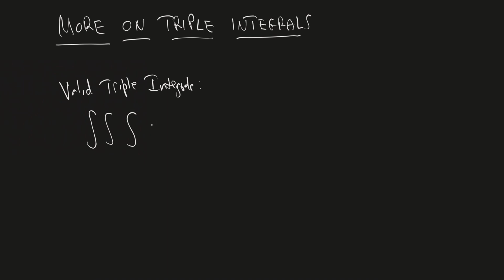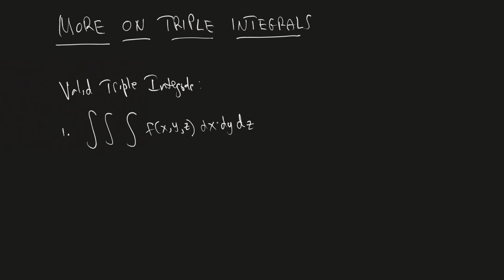So let's say we're integrating this. This is our general function. And suppose we are going to choose to use the order dx, dy, dz. How bad can this thing be, basically? This is just our first example of this.